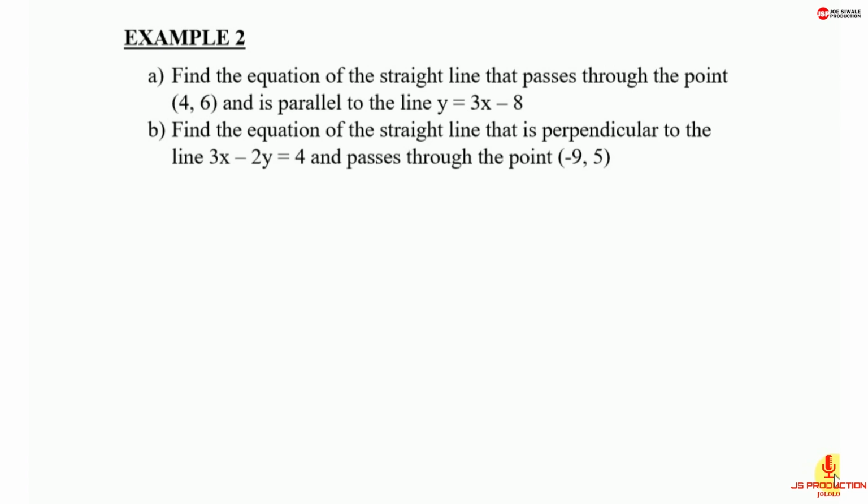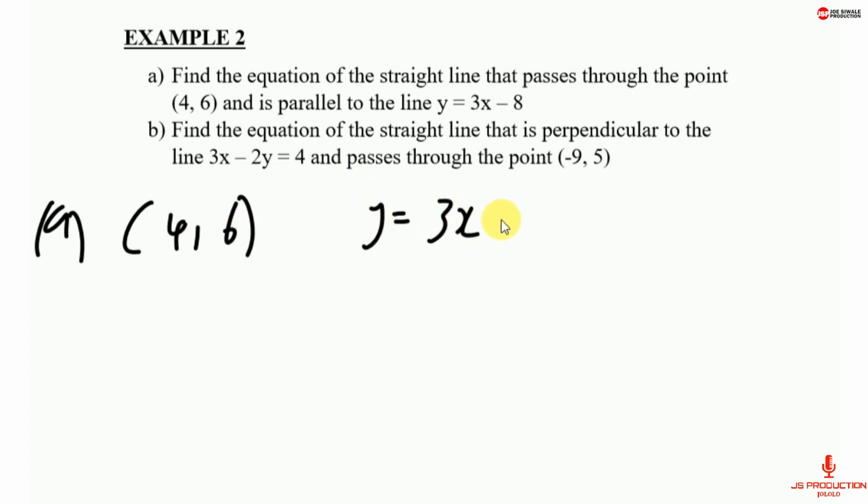So I've been told that we're supposed to find the equation of the straight line that passes through the point (4, 6), and it is parallel to this line, which is y equals 3x minus 8.